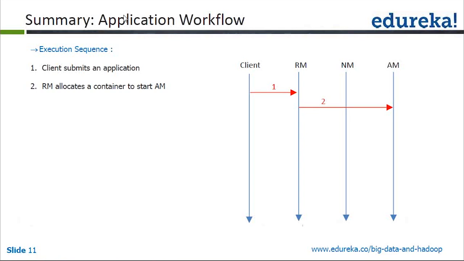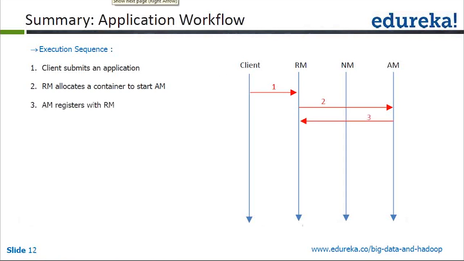So application master is where the user application resides. These are the three major components, and they provide a very scalable, flexible, and efficient environment to run virtually any type of large-scale data processing. Node manager is per node.